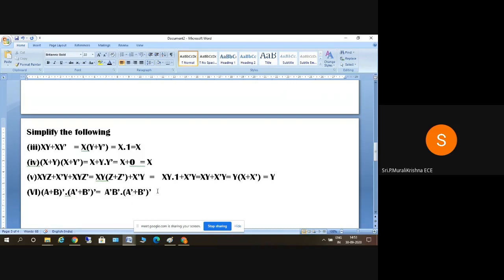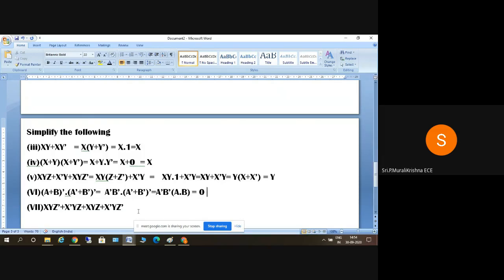So I can write this as a bar b bar into a plus b whole bar, which is nothing but a bar into b bar. So already we have a bar here, so we get a here, and already we have b bar, we get b here. So a into a bar will be 0 and b into b bar will be equal to 0. So this is the 0 answer for the simplification.